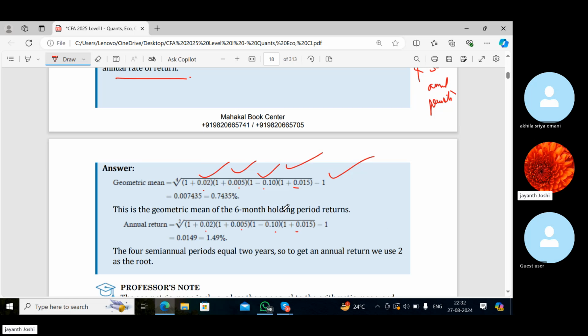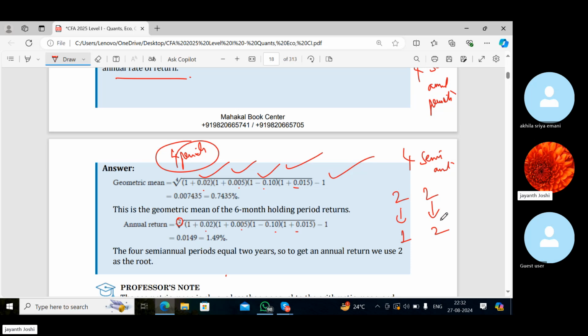For geometric mean, you are taking 4 periods. But why are we taking 2 here? We are taking 2 here because we want annual returns. How many semi-annual periods are there? 4 semi-annual periods: 2 in year 1 and 2 in year 2.